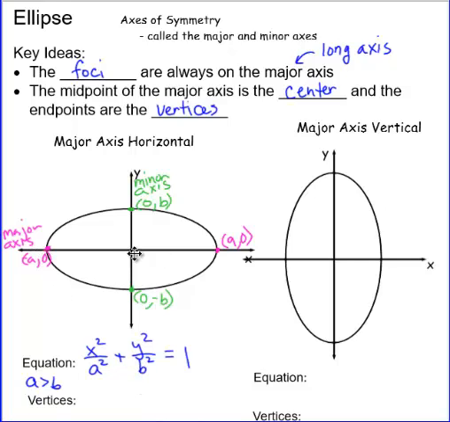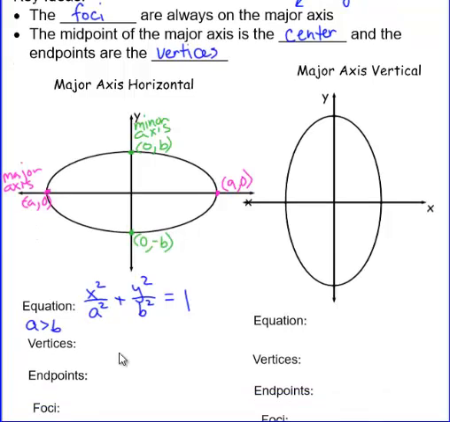And so visually, the A comes from the major axis, which is the long one, and the B comes from the minor axis, which is the short one. So A is bigger than B. Then if we're going to label our vertices, as I've done up here, it would be A comma 0 is one vertex, negative A comma 0 is the other one.